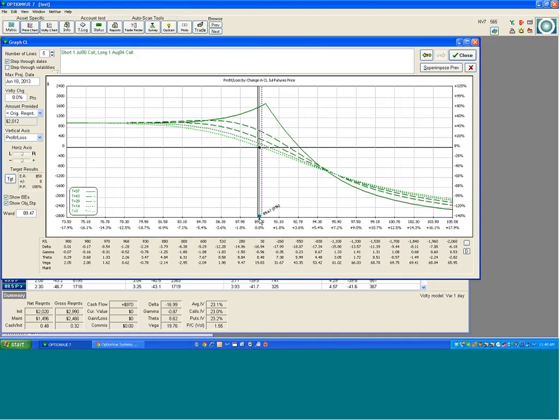Your positive vega is quite small, however. It really doesn't give you a big vega factor, but it does give you a delta bias.